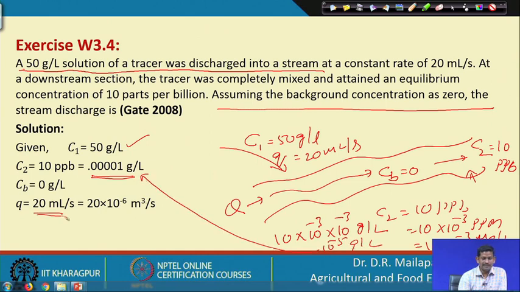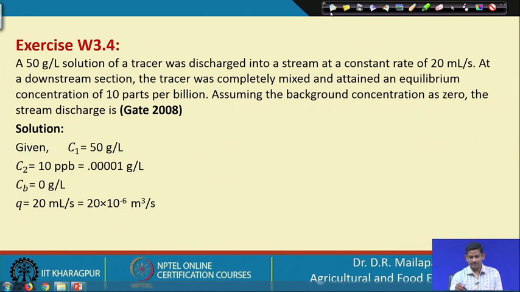And q is equal to 20 ml per second, so this is 20 into 10 power minus 6 meter cube per second. If you recall the equation for Q, let us see the next slide.